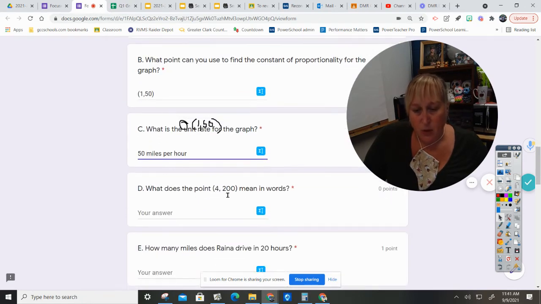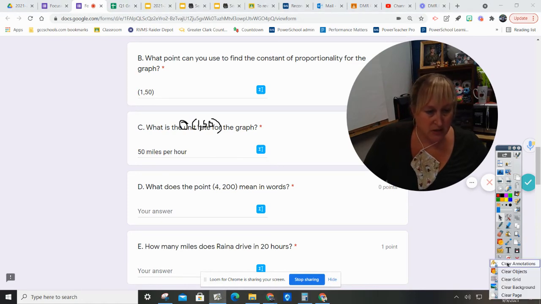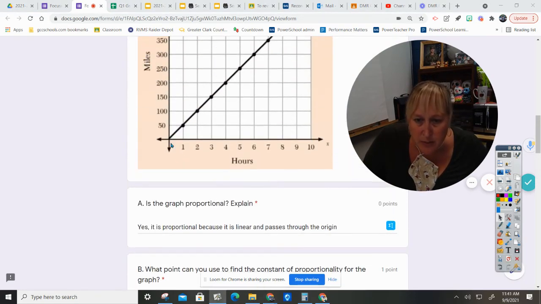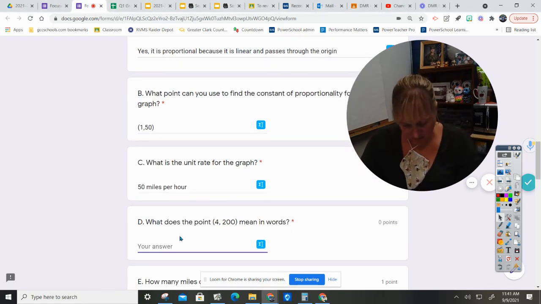What does the point 4, comma 200 mean? So let's go up here and plot that point, 4, 200. So it means in 4 hours, she will travel 200 miles. That comes directly from the graph. So I will type it.